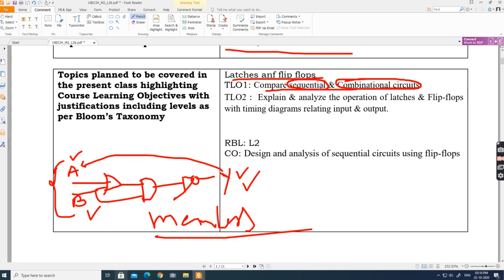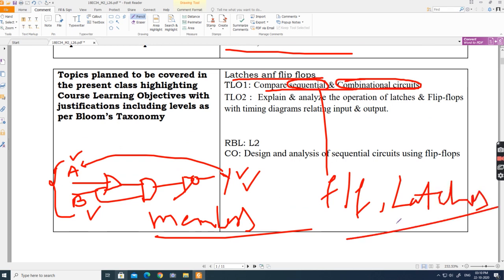Whereas sequential circuits are circuits which are rigged up using flip-flops and latches. These are nothing but storage devices, so these devices usually store memory. So the output in sequential circuits may depend on the inputs, and it even depends on the previous outputs.